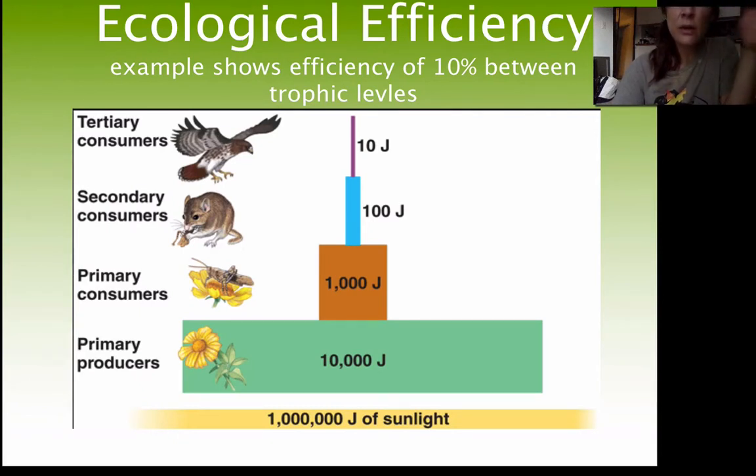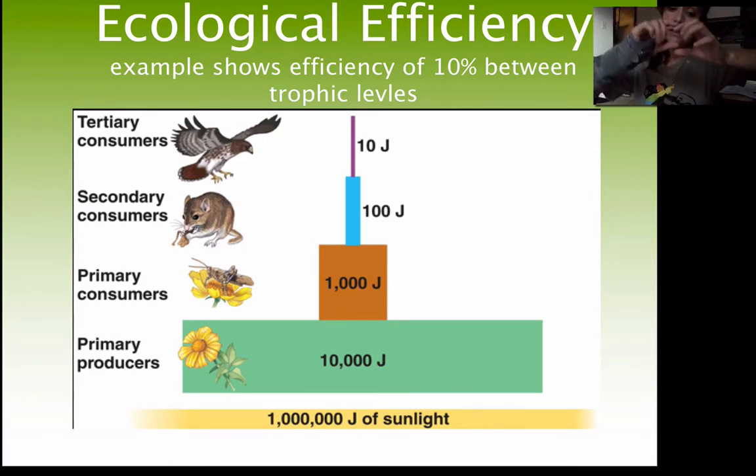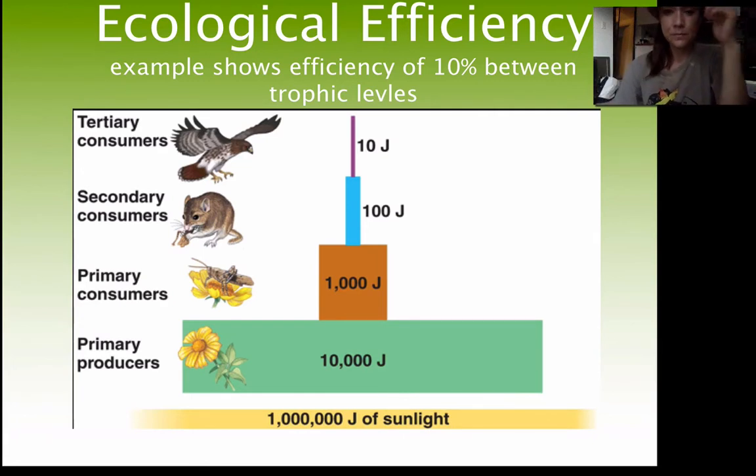In general, we like to say that there's about 10% efficiency between trophic levels, meaning that one trophic level, as it eats the one below it, only gets 10% of the total energy that was in the trophic level beneath it. And the next trophic level that eats it only gets 10% of that consumer level, and so on.